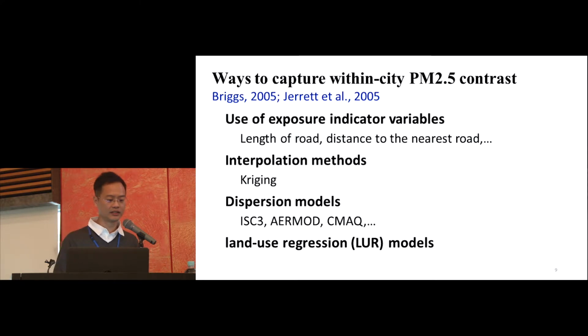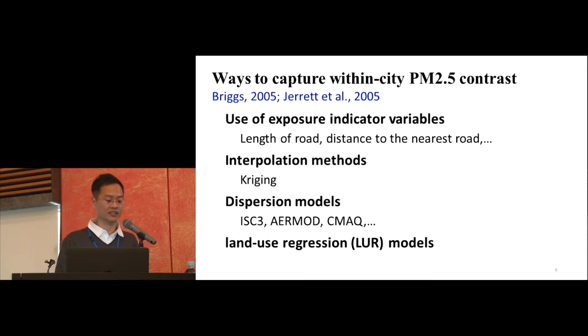So how do we solve this? There are ways to capture within-city PM2.5 contrast. First, we can use exposure-identical variables. It's a very simple way. Find a surrogate. If we are focused on an urban area, we can look at some traffic variables like length of road, distance to the nearest road, something like that.